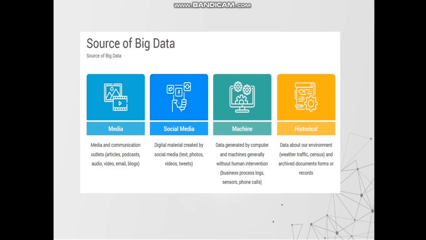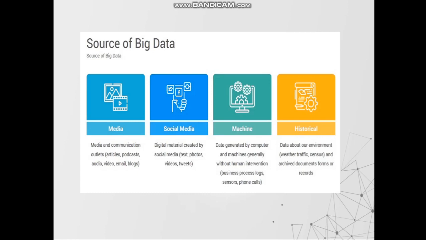Sources of big data. We have the media, social media, machine, and historical. In media and communication outlets, it is the articles, podcasts, audio, video, email, and blogs. In social media, digital material created by social media, it is the text, photos, videos, and tweets.